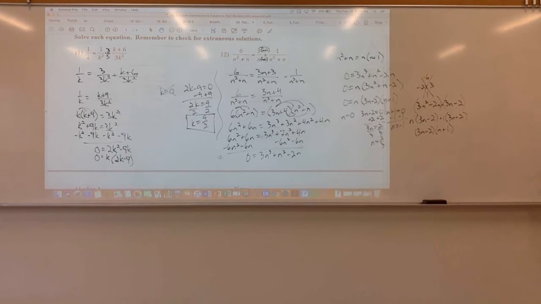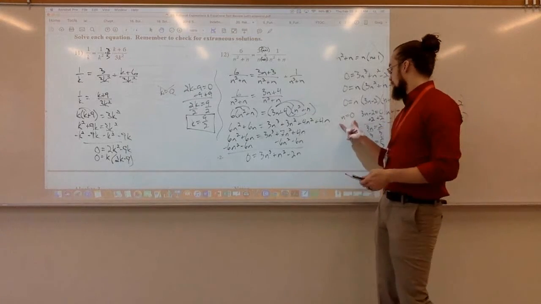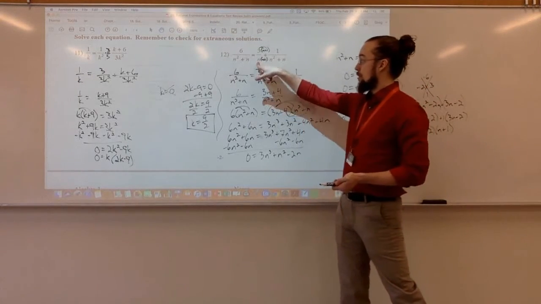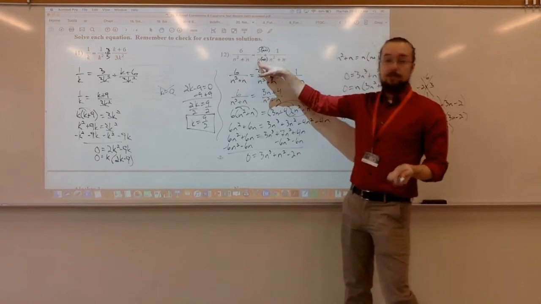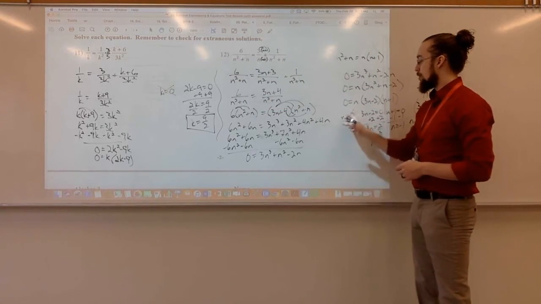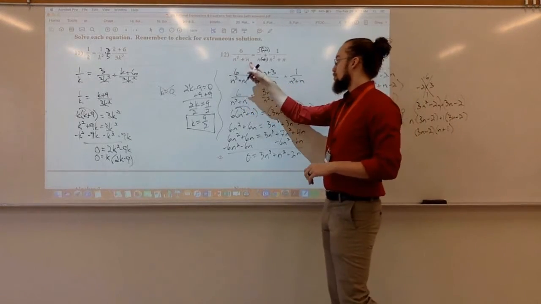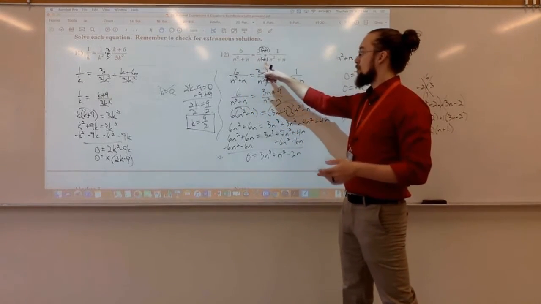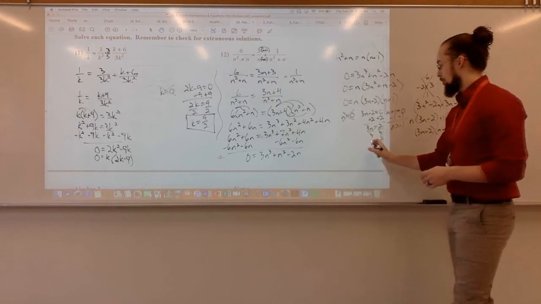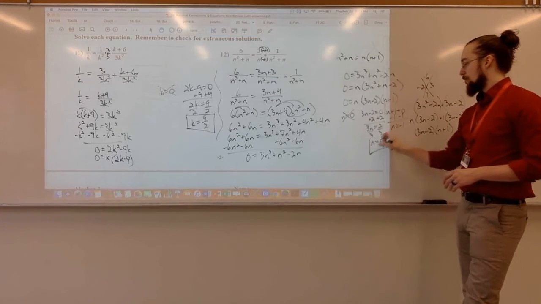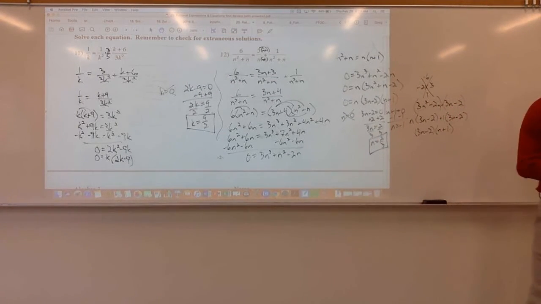I need to plug all 3 of those in to see if I get any zeros in my denominator. If I plug 0 in, that would be a 0 in the denominator, so that one's no good. If I plug 2/3 in, 2/3 squared plus 2/3, none of those are going to be 0. So that one works.